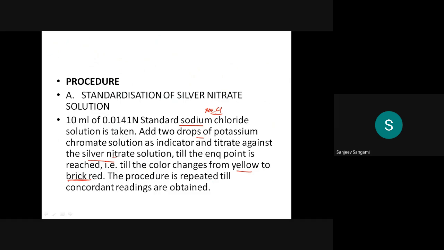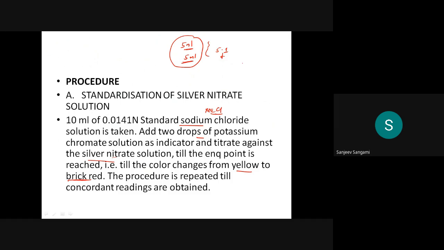Then the procedure is repeated until concordant readings are obtained. Concordant means you have to get the same readings. For example, if it consumes 5 ml, the next time also it has to consume 5 ml. Even if it is 5.1, you have to repeat it. Concordant means you have to get the same value, so till then you have to go for the titration.